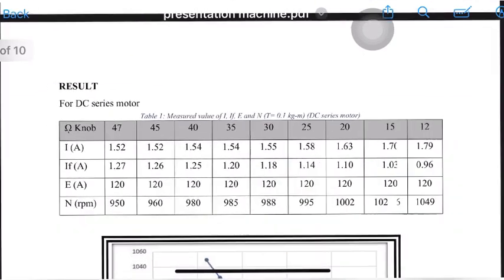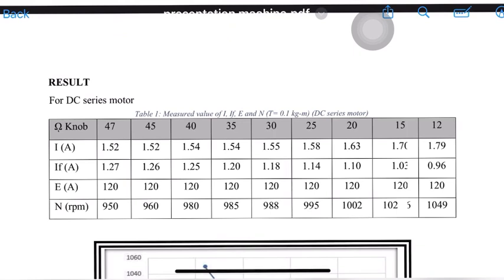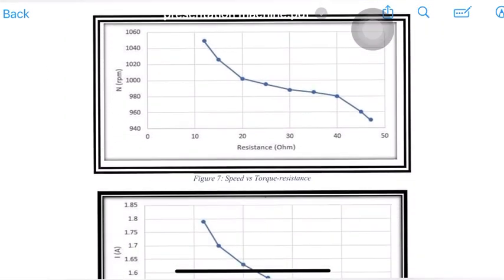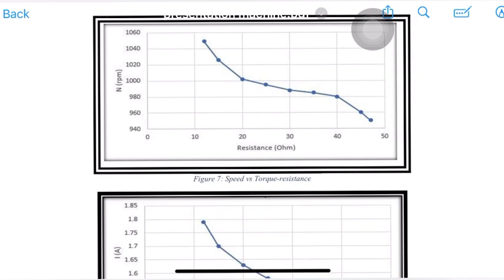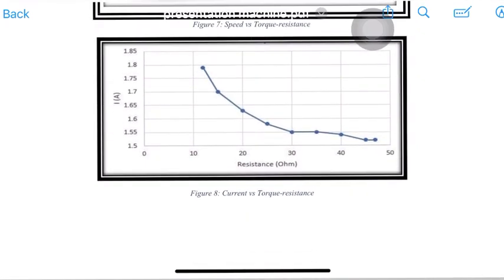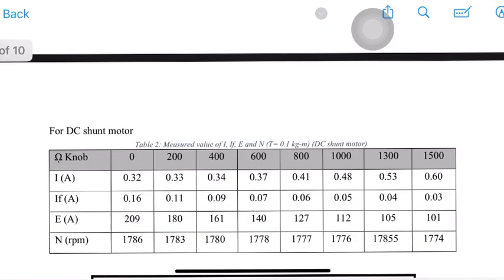This is the result, where we have a table with current, IF, energy, and RPM using those values, which are 47, 45, 40, 35, 30, 25, 20, 15 and 12. This is our speed versus torque resistance, and this one is the figure of current versus torque resistance.